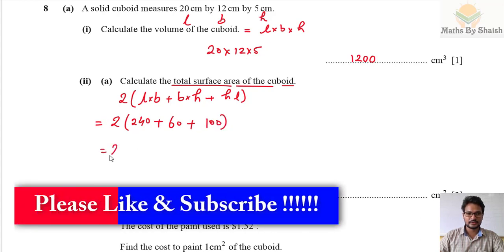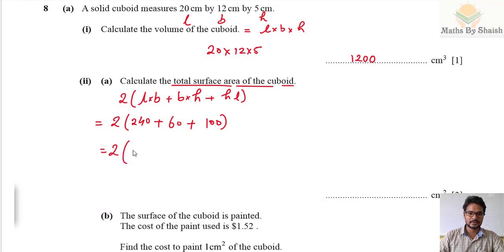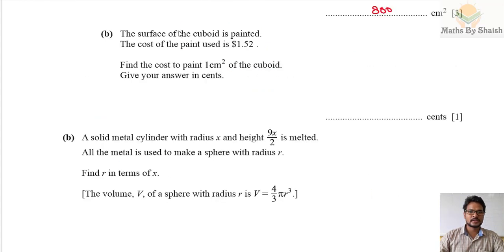So it is 2 times 240 plus 60 is 300, plus 100 is 400, and altogether it becomes 800 centimeter square.